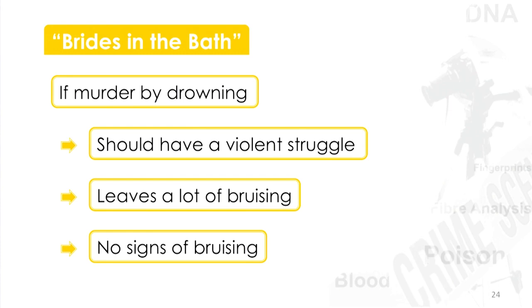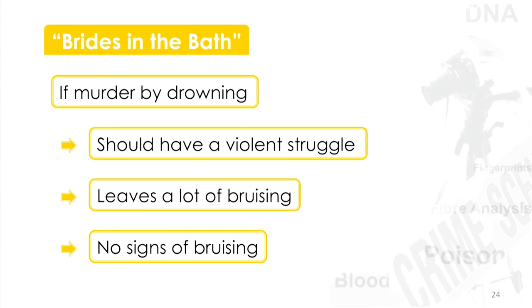And that is by grabbing their feet and pulling violently on their feet so that their head went very suddenly underwater and the water would rush up their nose. And the suggestion was that that would cause rapid unconsciousness without any signs of a struggle.